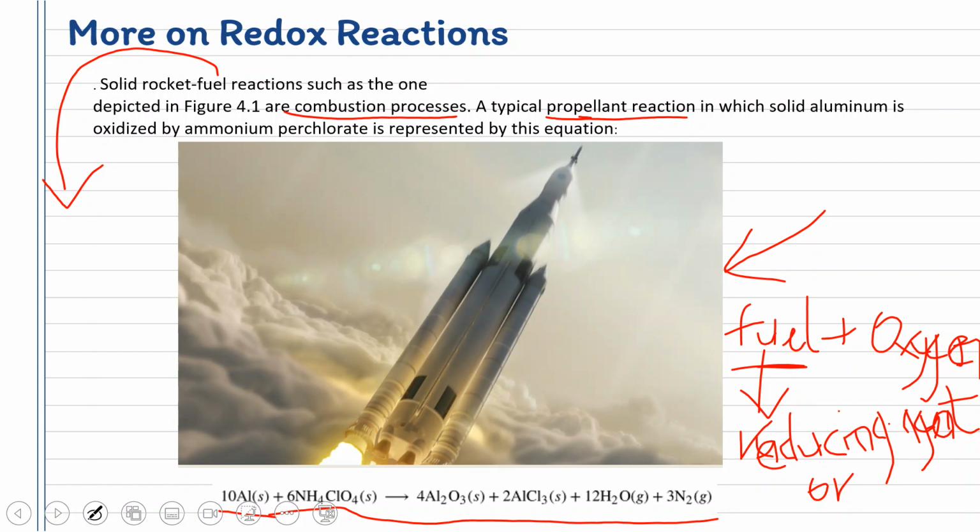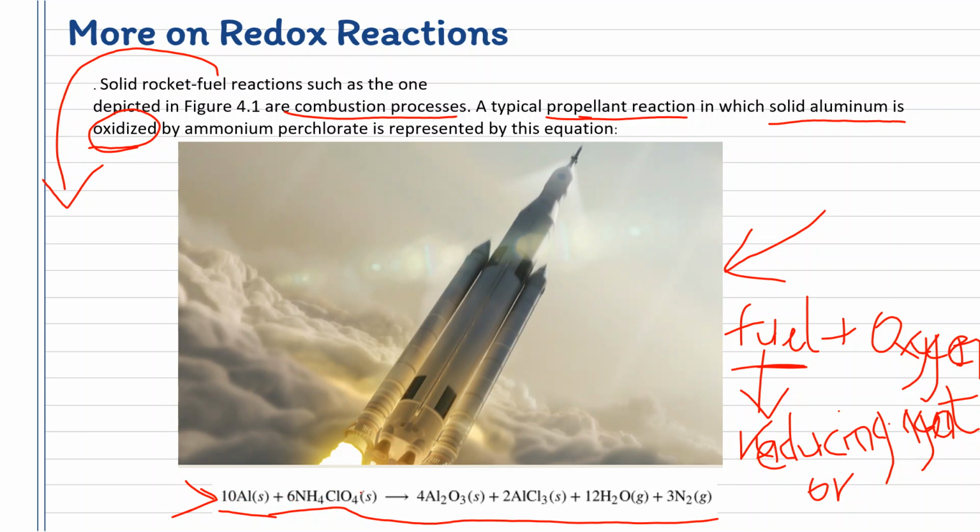And in this reaction, we see solid aluminum is being oxidized. So they generate a reaction by having aluminum. And you see there are 10 of aluminum, so there's a large amount of aluminum, and there's 6 of ammonium perchlorate.